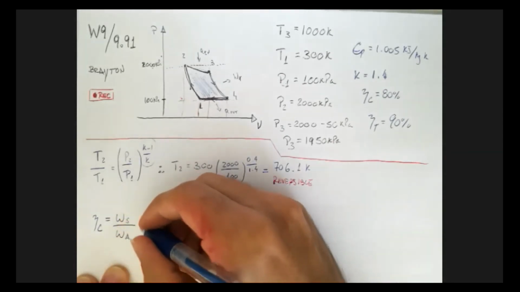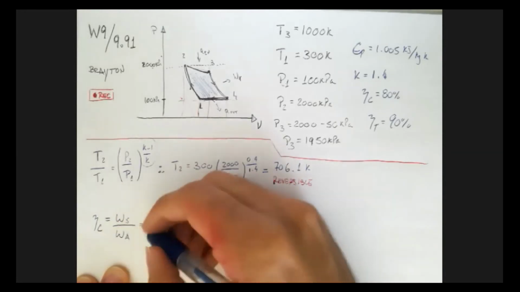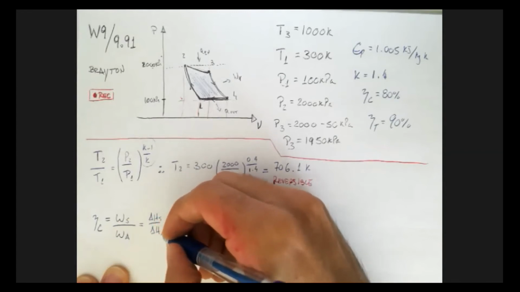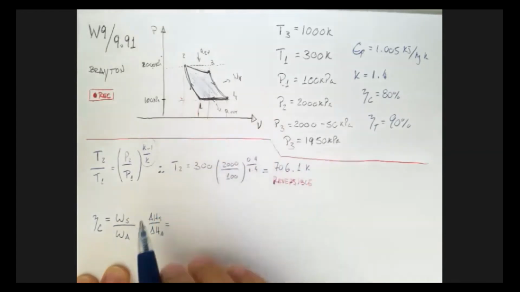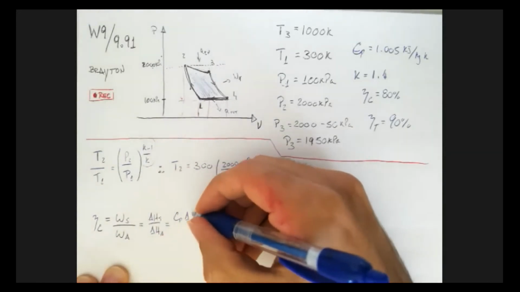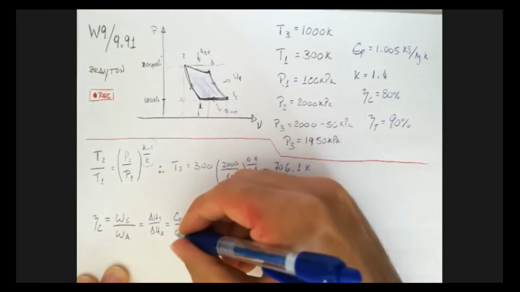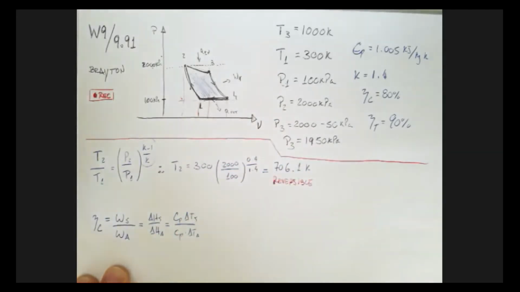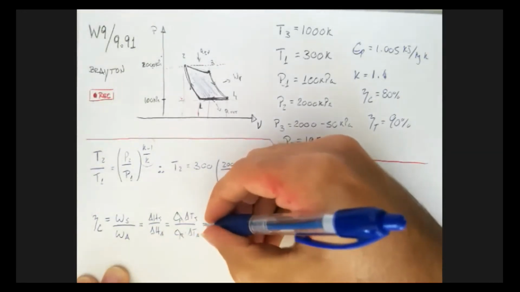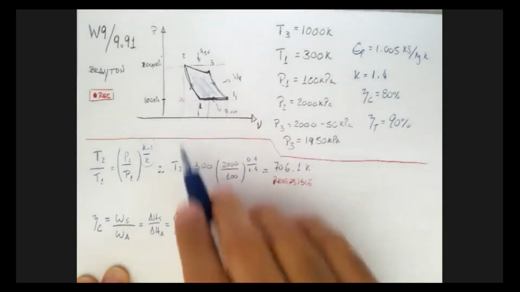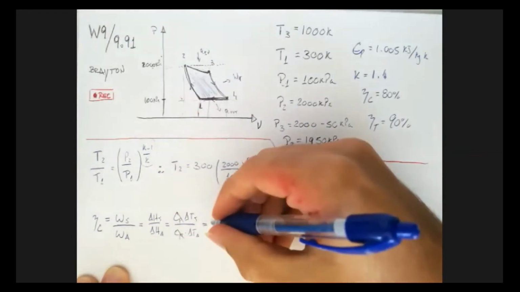Over the isentropic, which is just delta H of the isentropic over delta H of the actual, and delta H, because this is constant, is just going to be Cp delta T for the ideal case, Cp delta T for the actual case. My Cp's are the same, so this is just T2 ideal minus T1 over T2 actual minus T1.